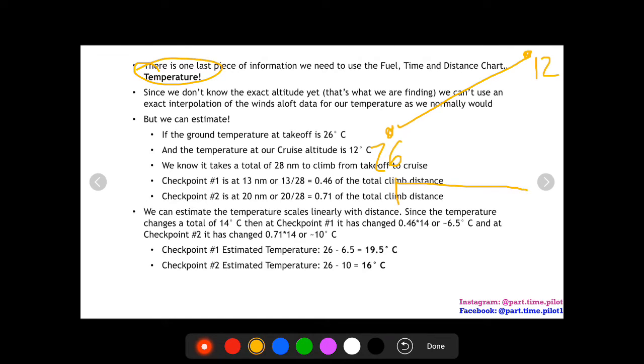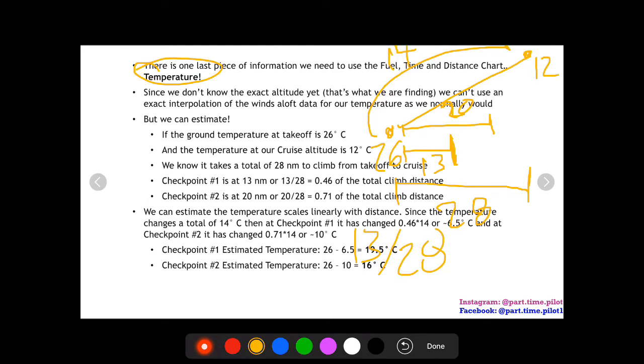We know the total distance is 28 nautical miles. Checkpoint 1 is 13 nautical miles, and checkpoint 2 is 20 nautical miles away. Now, for this quick guesstimation, if we assume that the temperature changes the same as the distance does, then at checkpoint 1, since the temperature changes a total of 14 degrees, the change will be 13 over 28.